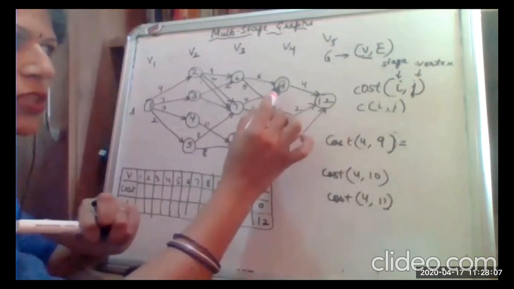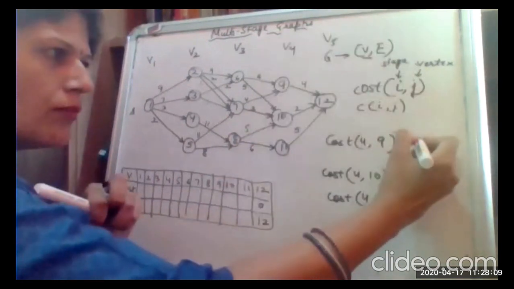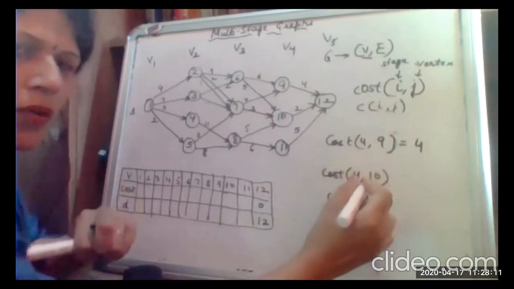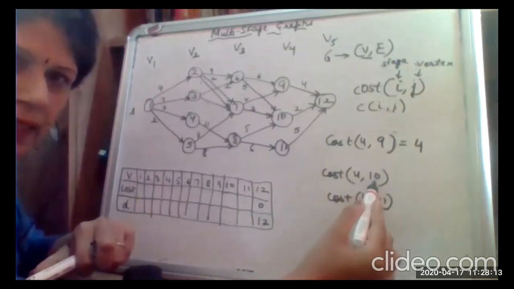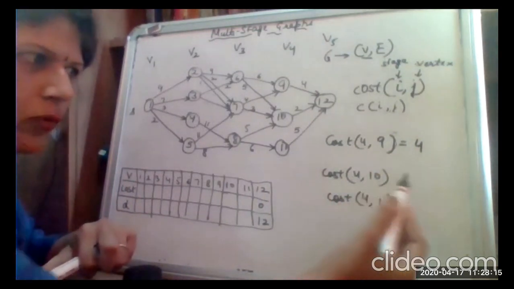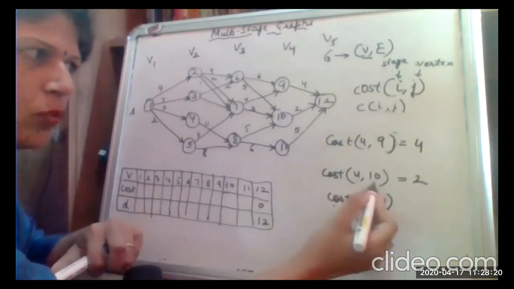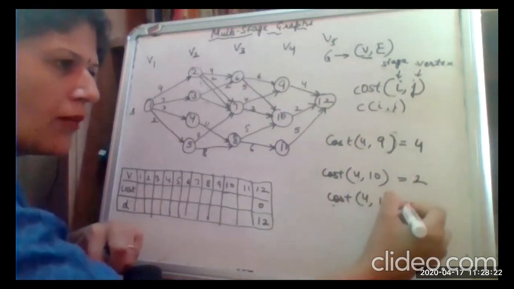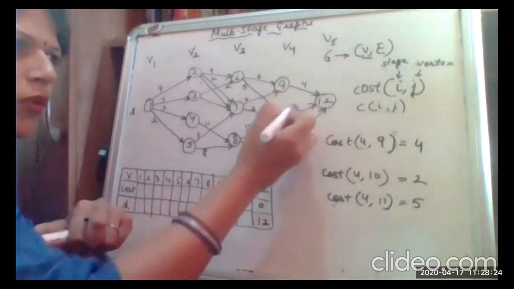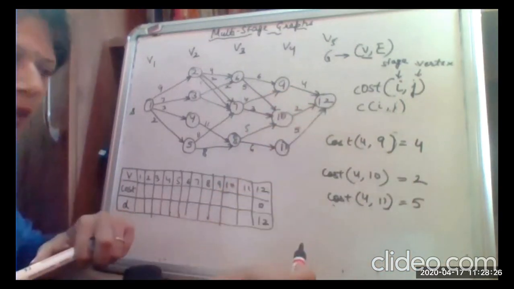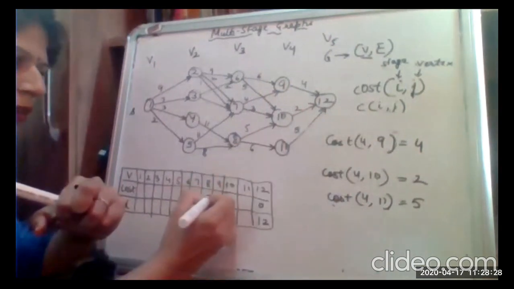From the fourth stage 9th vertex, the cost of reaching here is 4. Cost of the 10th vertex in stage 4 is 2. Cost of the 11th vertex at stage 4 is 5. Yes, this is 4, this is 2, this is 5. Fine. So these 4, 2, 5 we will fill up here.